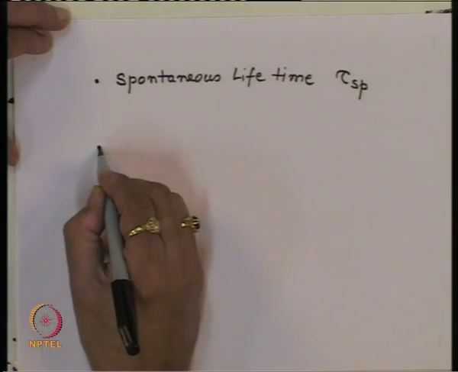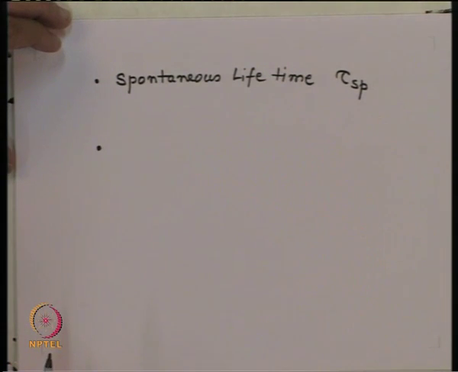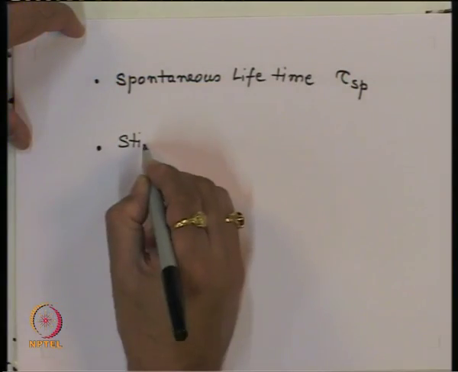Second lifetime is when the stimulated process starts, and as we have seen, this process is much faster compared to the spontaneous process. So, the lifetime of the carrier recombination will reduce substantially, and that will be the stimulated lifetime.